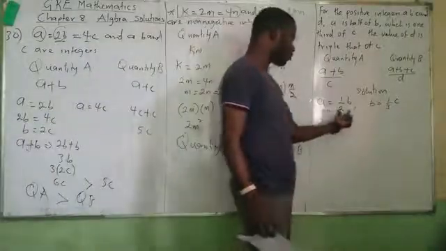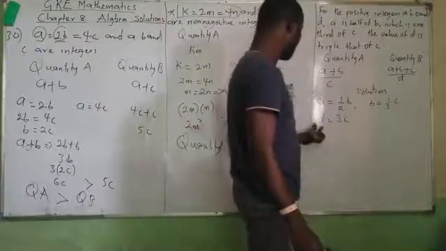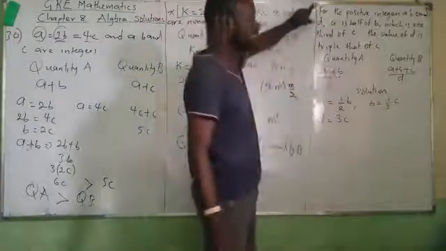A equals 1/2 of B, and B equals 1/3 of C, and D equals thrice C. That is the statement here.